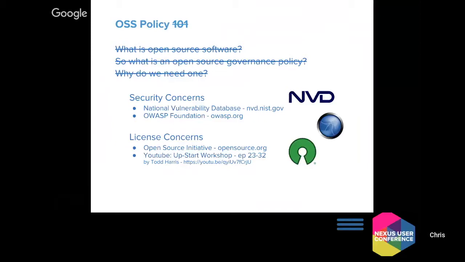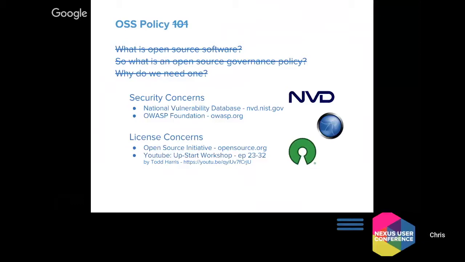Other quick recommendations for getting started with open source security: you can check out the NVD, the National Vulnerability Database. There's the URL, as well as the OWASP Foundation, where you'll find resources on how to understand security concerns and navigate through them. For OSS licenses, you can check out the Open Source Initiative, which has a number of resources.